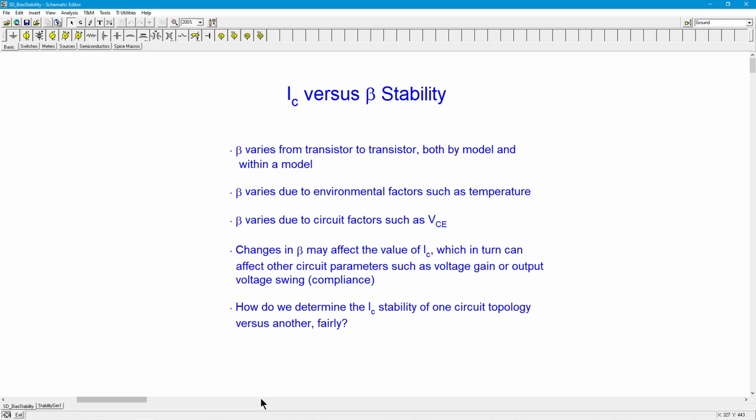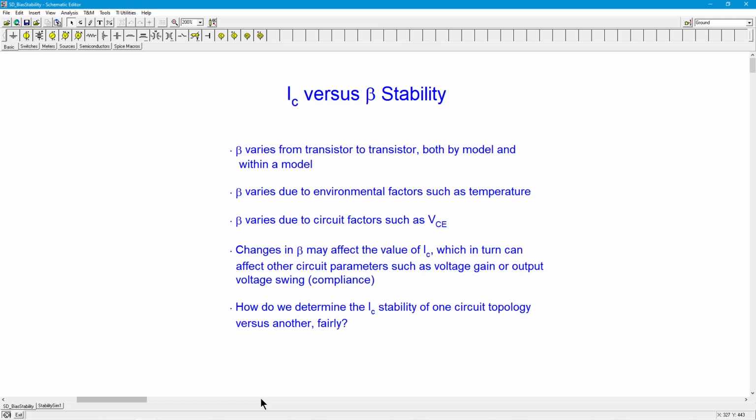I don't want to have to go through a box of transistors and find just the right transistor to get the kind of parameters that I want. So I would like the collector current to be pretty stable regardless of these changes in beta. Temperature goes up, temperature goes down. I swap out a different transistor, right? I'm going through a production run with thousands, tens of thousands, hundreds of thousands of transistors. I want to make sure that I always get the same kind of circuit parameter result, okay?